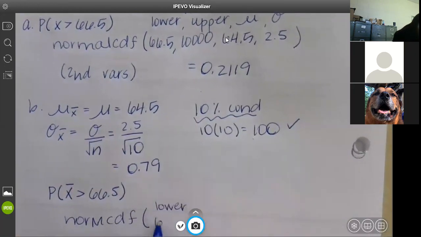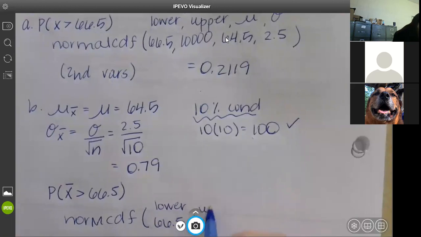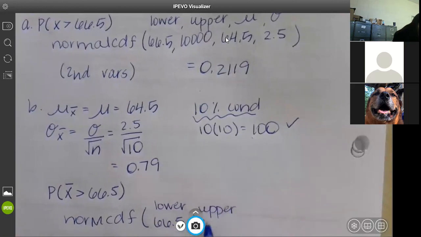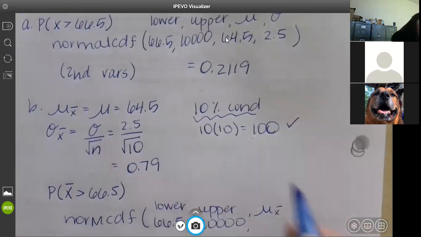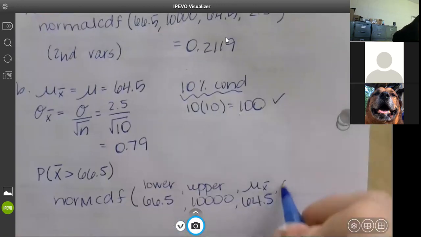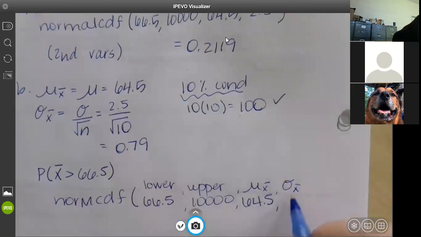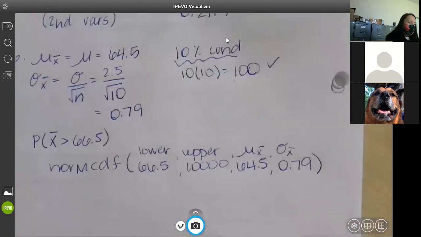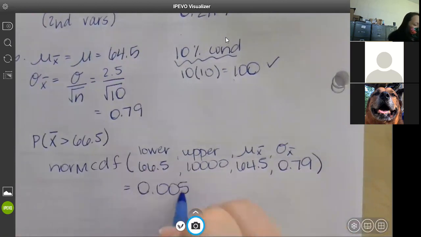Your lower is still going to be the same. Your upper is still going to be the same. Your mean of the sample is going to be the same. But your standard deviation of the sample is going to change to 0.79. Now when you put it in your calculator, 0.0057.